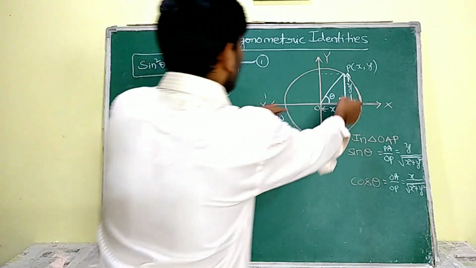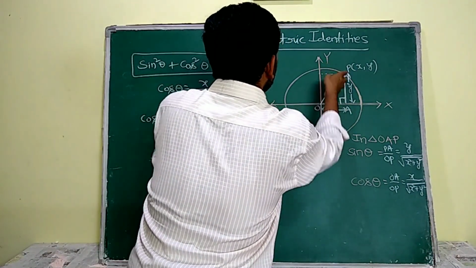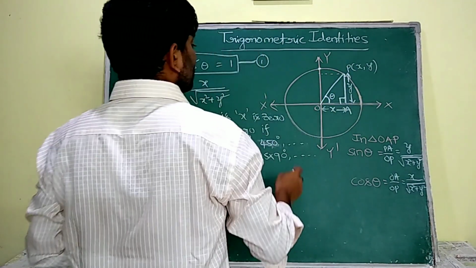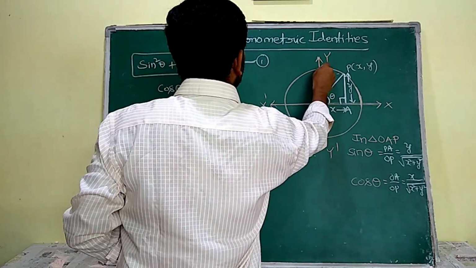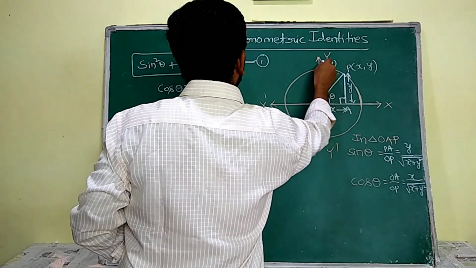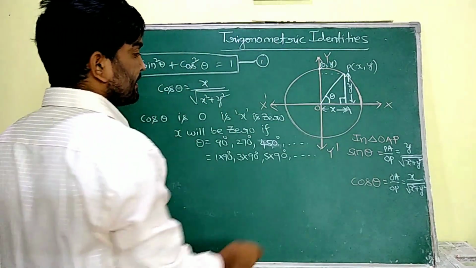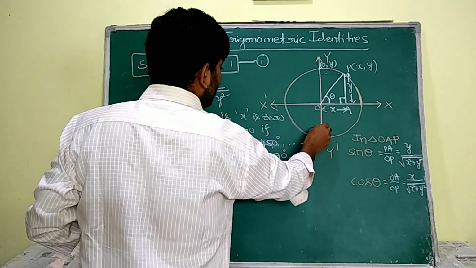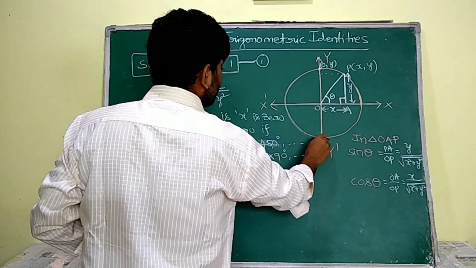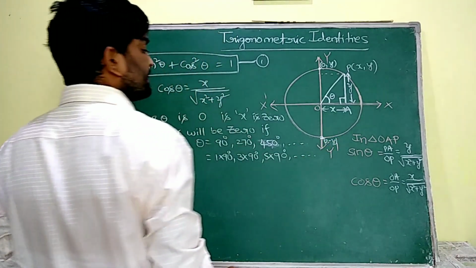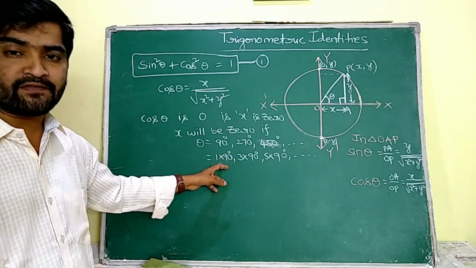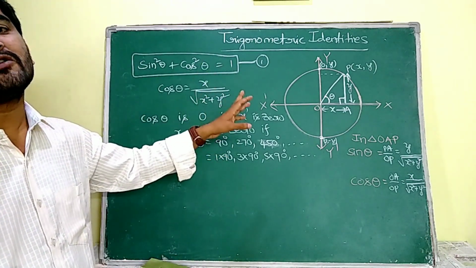If I bring this P to the positive y-axis, then theta becomes 90, and the point is 0 comma y. Again, if I bring theta to 270, then also the point becomes 0 comma minus y. That means at odd multiples of 90, x values are 0.